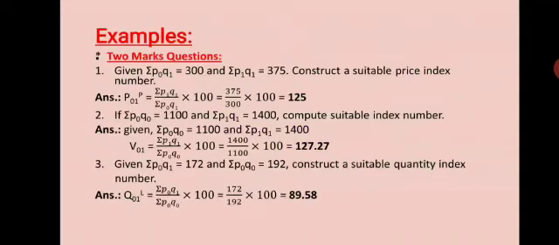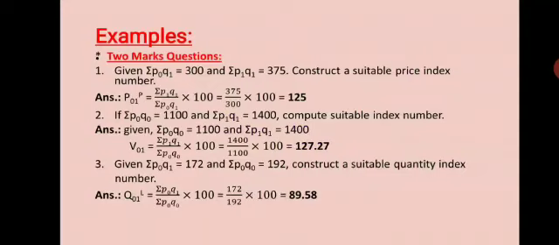First question is: given summation P0 Q1 equal to 300 and summation P1 Q1 equal to 375, construct a suitable price index number. Here with the given values, that is summation P0 Q1 and summation P1 Q1, the suitable price index number formula is Paasche's price index number.